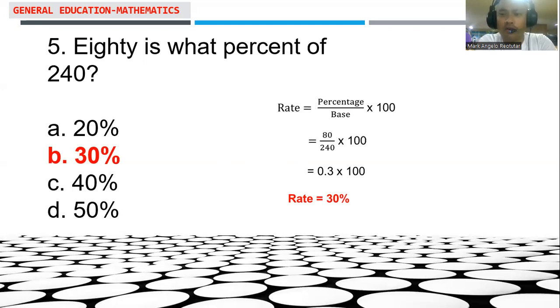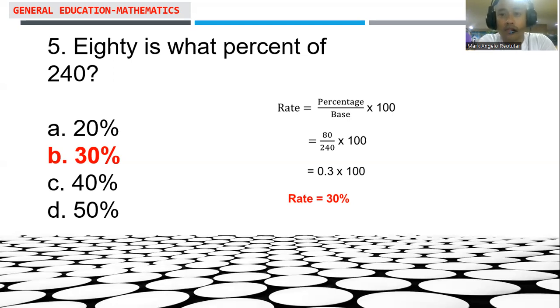So manipulating our original formula, which is percentage is equal to rate multiplied by the base, since we are looking for the value of the rate, we will divide both sides by the value of the base, so that the formula will become rate is equal to percentage over the base.